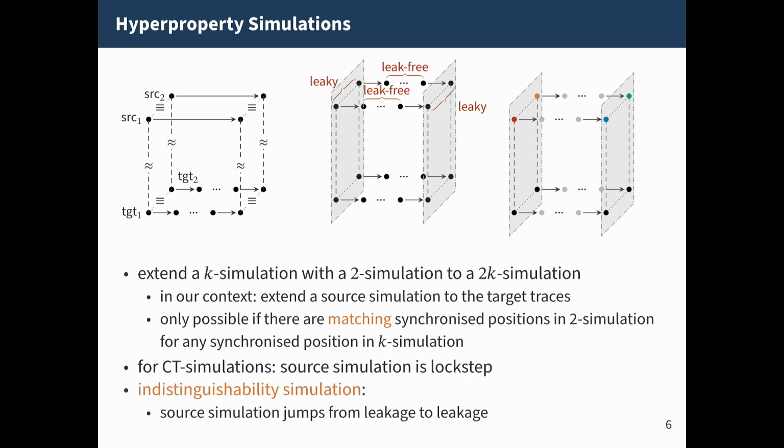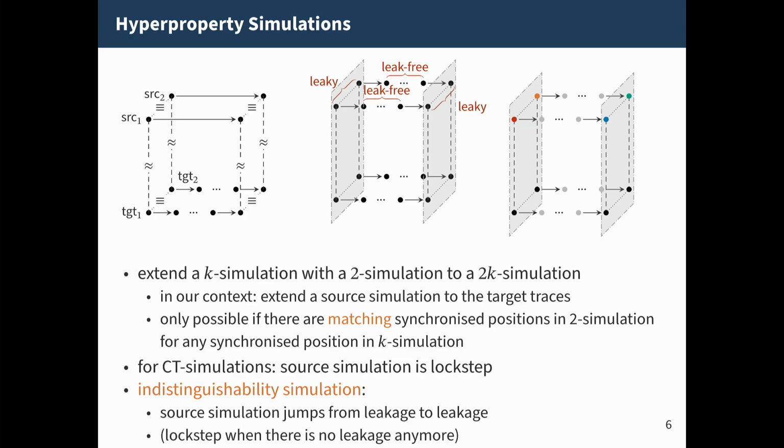So what we do is define the indistinguishability simulation, which jumps from every point of leakage to the next one. Since we are assuming non-interference in the source, this is possible. We can just say there must be a next point of leakage. Of course, sometimes there is no leakage anymore.